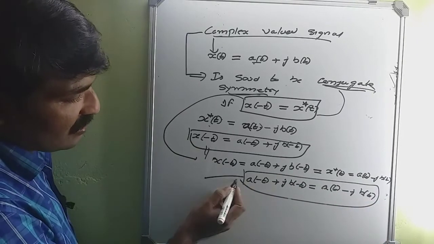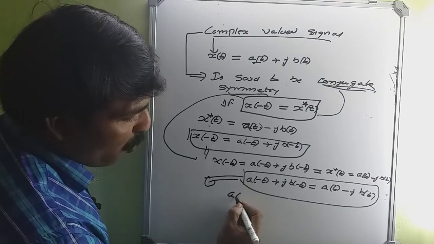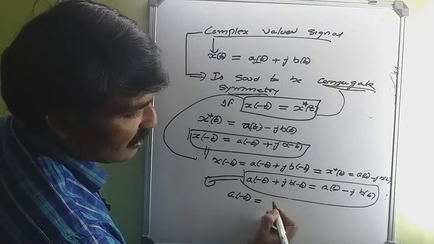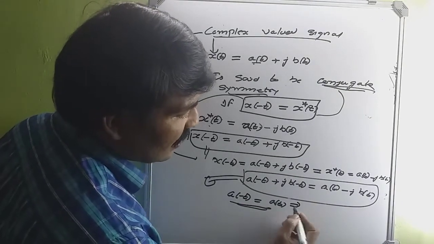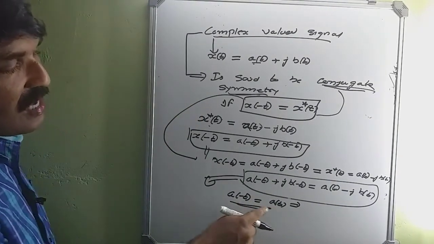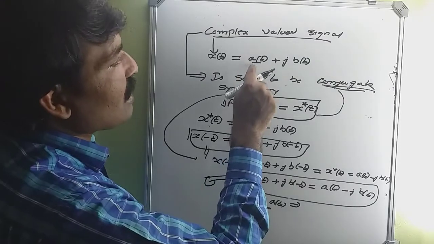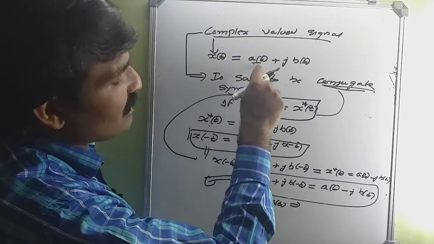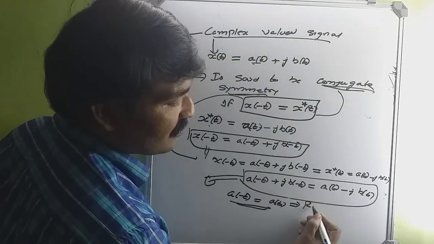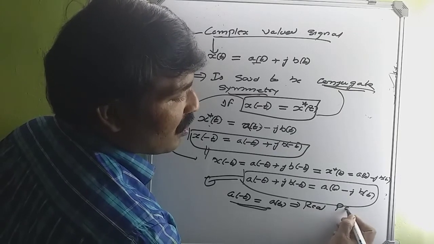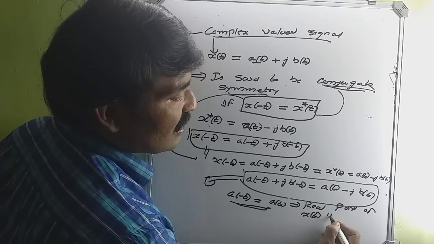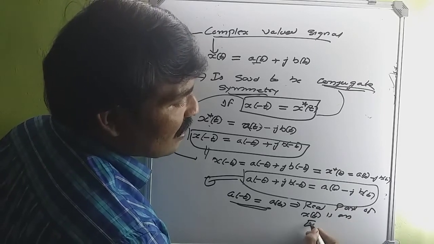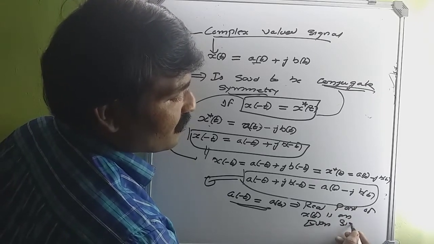This implies a of minus t is equal to a of t. That means a of t is an even signal. That is, the real part of the signal x of t is an even signal.